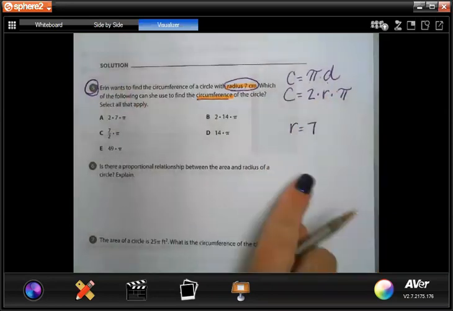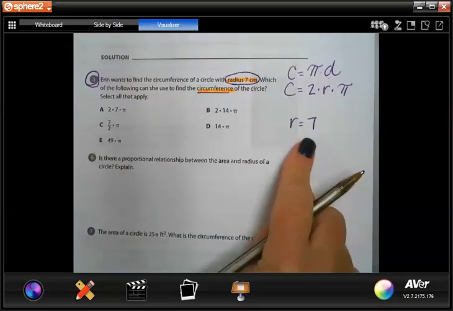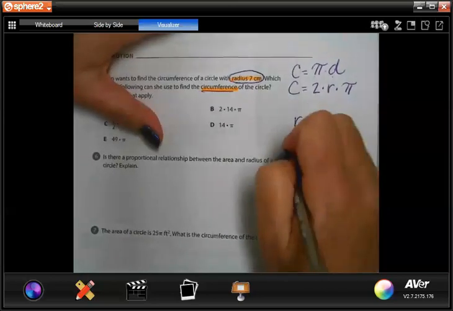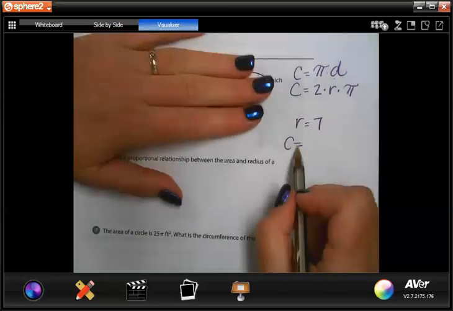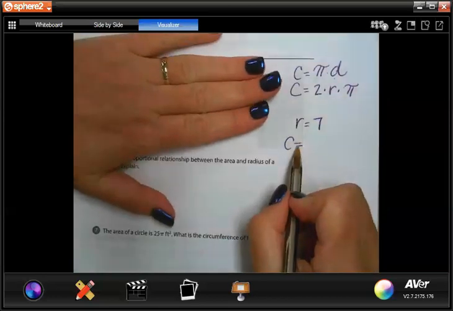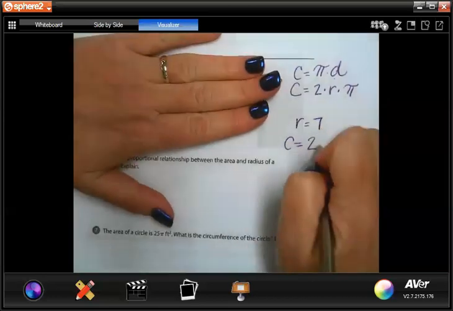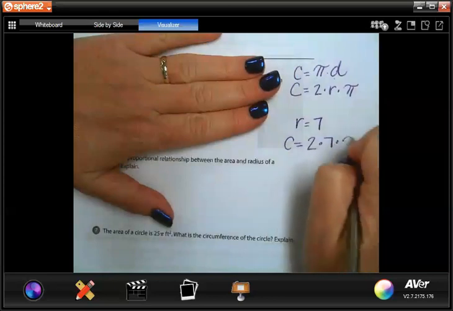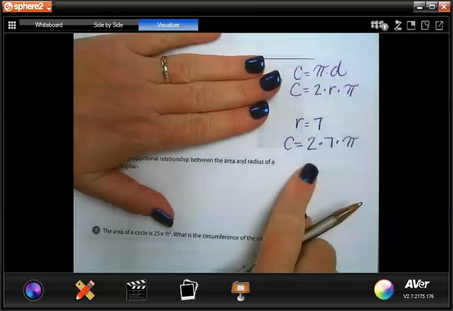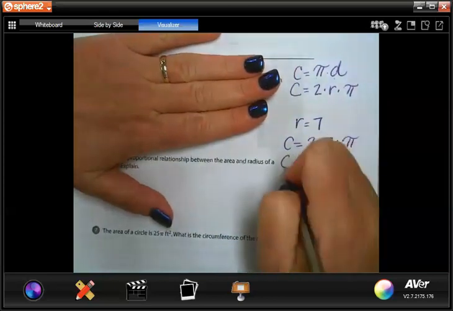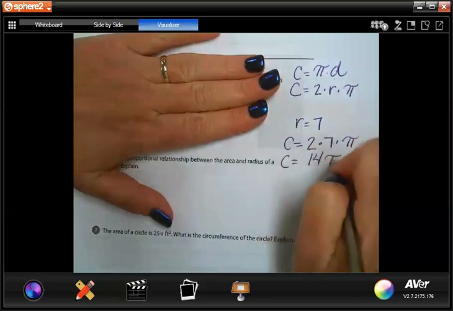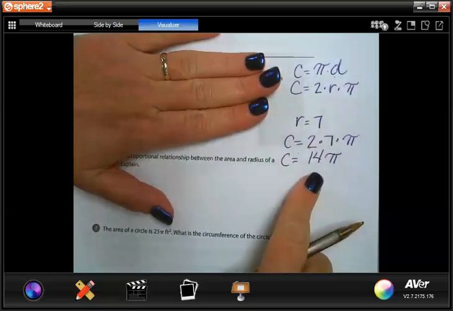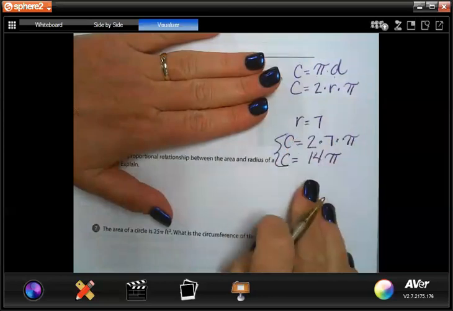So if I substituted this in, ignoring all of these, it would be 2 times 7 times pi, right? Or if I simplified it, it would be 14 times pi. So these are the 2 expressions that I could use, only 2.